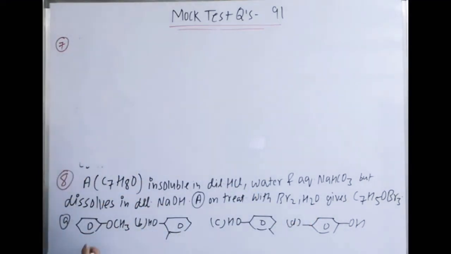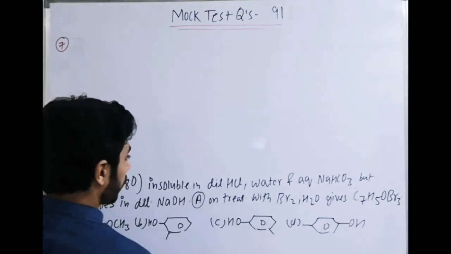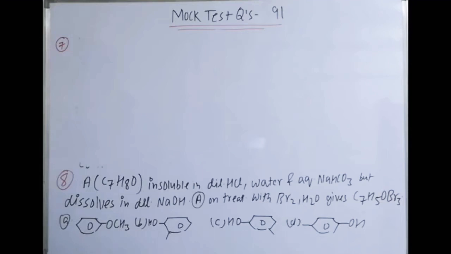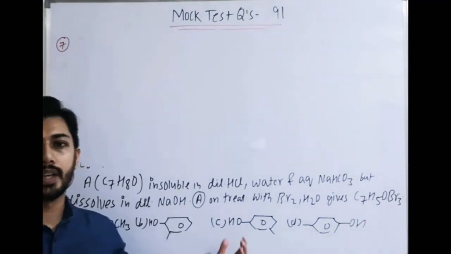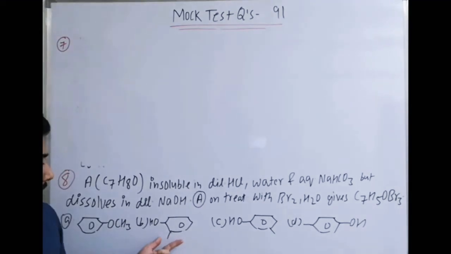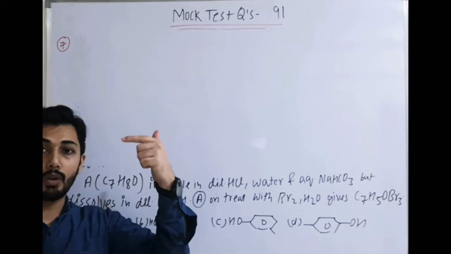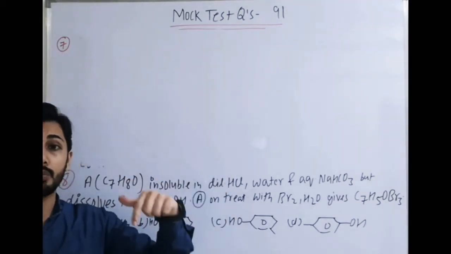So all this information is useful. So first option eliminate, which is anisole. Second, third and fourth remain. Now this piece of information will help you that Br2/H2O is a standard reaction of phenol, which is the bromine water test. So in the first option the ortho position is blocked, and we know here Br3, that means we want 2,4,6-tribromophenol.